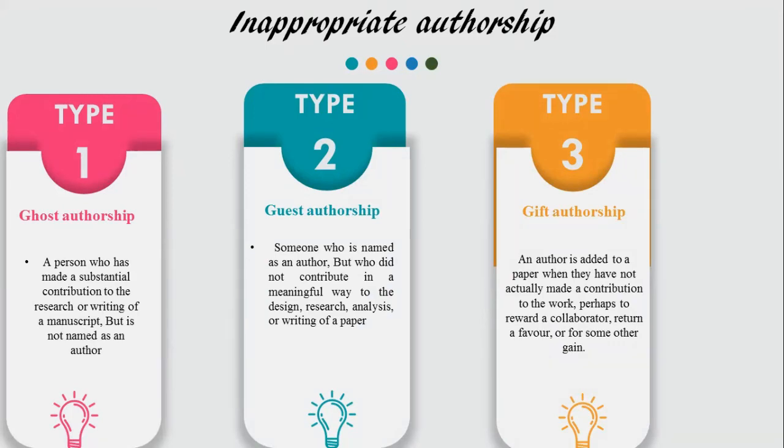Now, many a times it can also happen that a person has given some contribution, but that is very small, very minor, not a huge contribution. And maybe that is why he does not qualify to be an author. But even then, you must acknowledge the person towards the end of the research article in a subsection called acknowledgement. Just before the reference, you need to have a subsection after your conclusion.